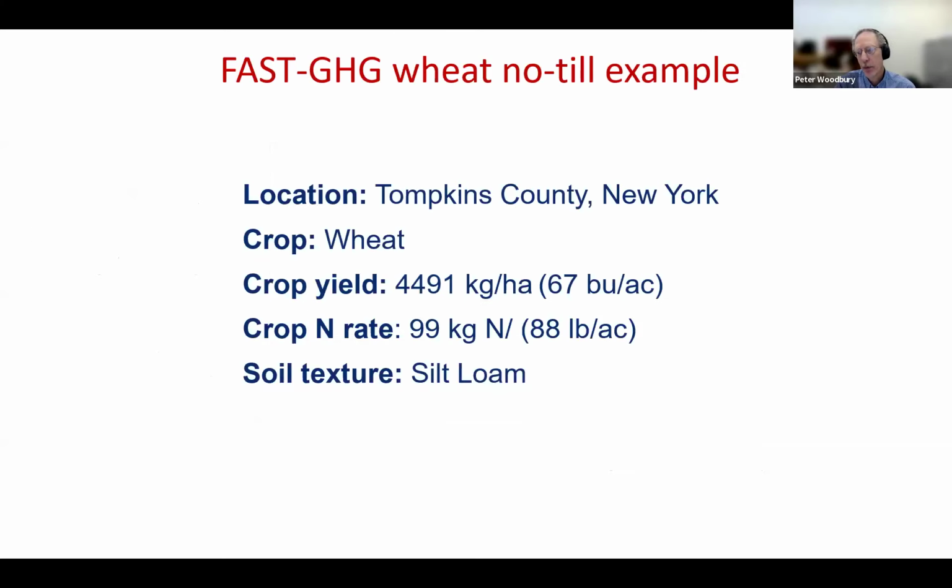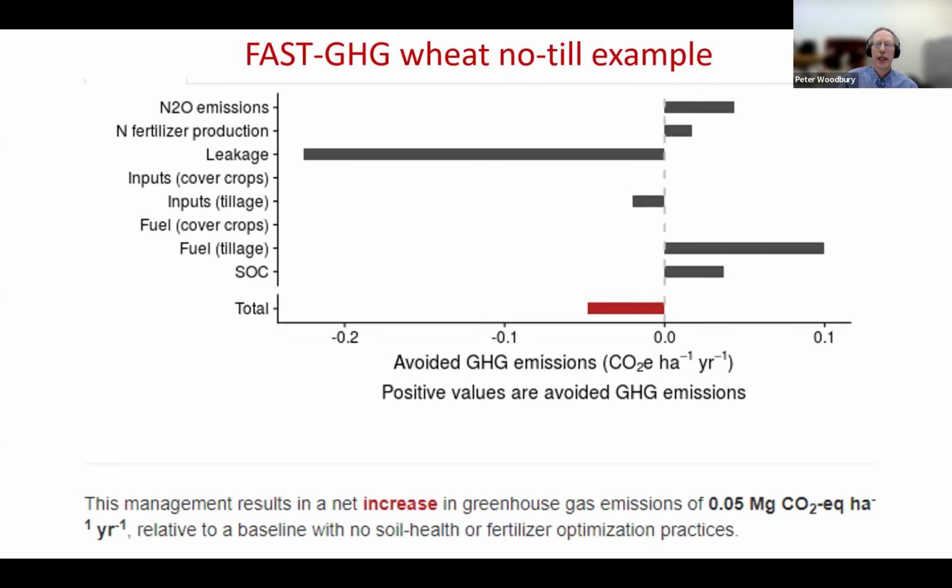I'm going to give one more example for this same location, but this time using wheat and no-till. So remember, we just looked at an example of corn with no-till, and now we're going to look at the same location, an example of wheat with no-till.